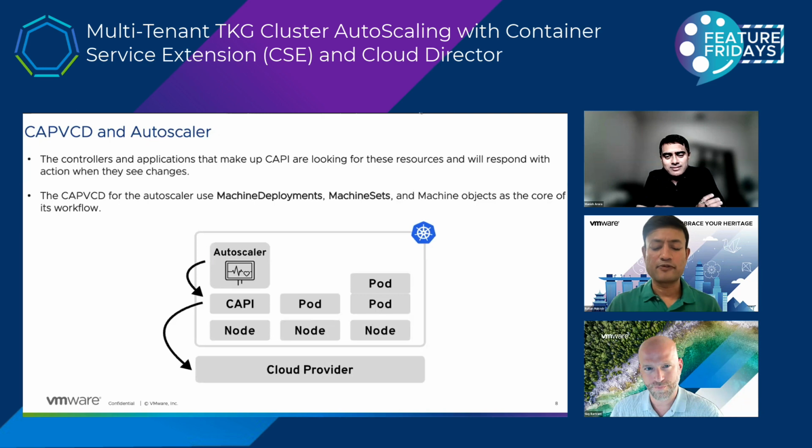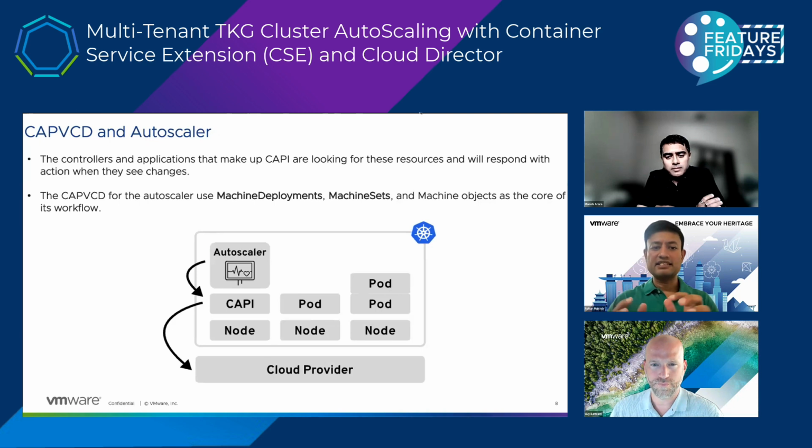Before we go, I also wanted to talk about CAPVCD and autoscaling. How do the current Cluster API and the cluster autoscaler work together? Basically, CAPVCD, which is also called the Cluster API for VCD, works on machine deployments, machine sets, or machines.